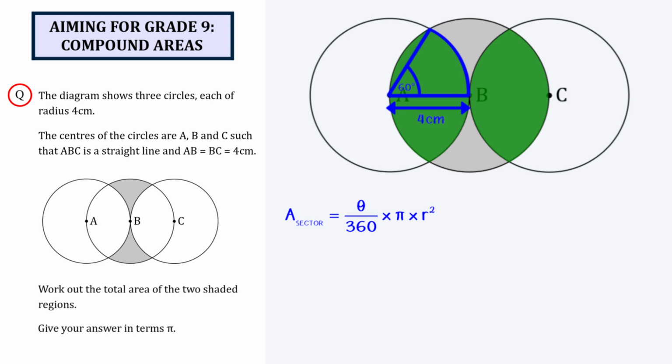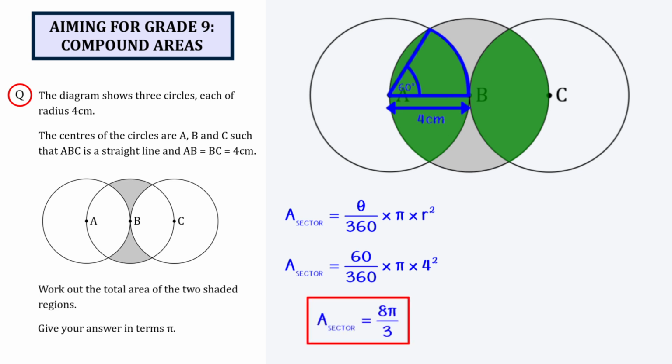And so for this sector, we get 60 over 360 multiplied by pi multiplied by 4 squared. Now 60 over 360 cancels to a sixth, and 4 squared is equal to 16. And 16 multiplied by a sixth is 8 over 3. So the area of the sector is equal to 8 pi over 3.